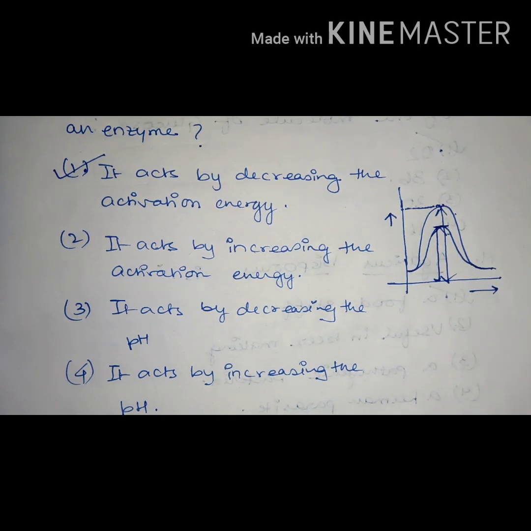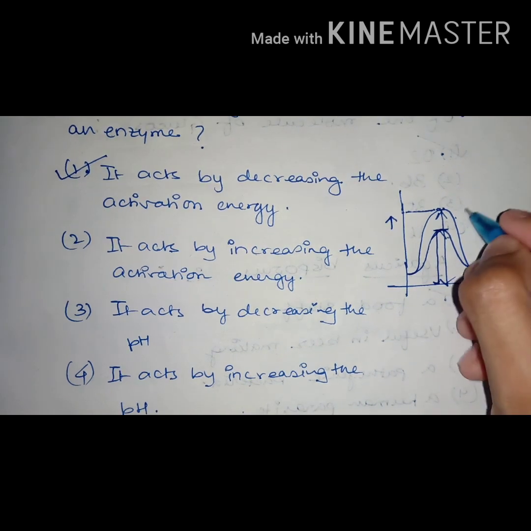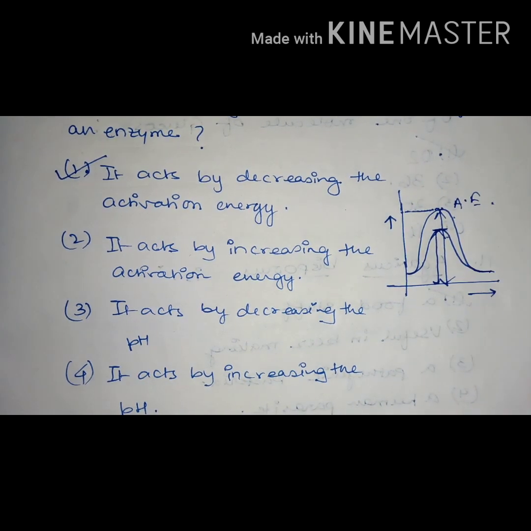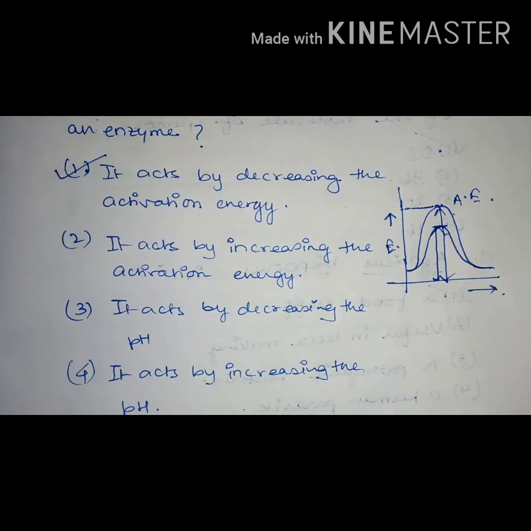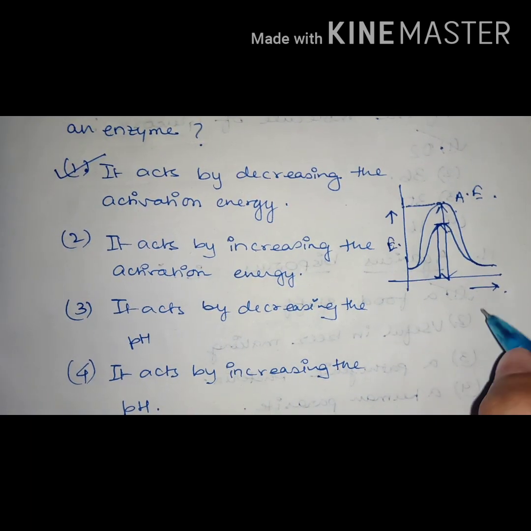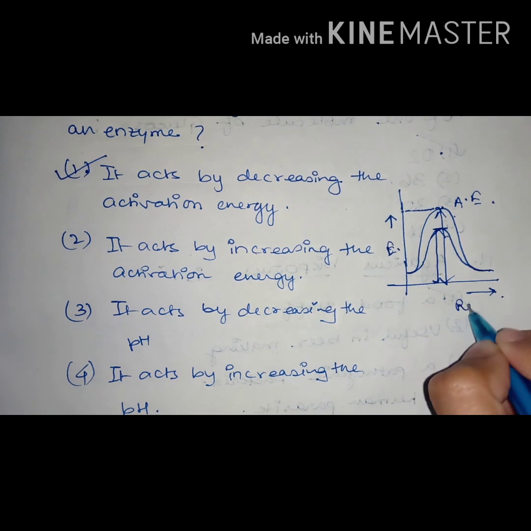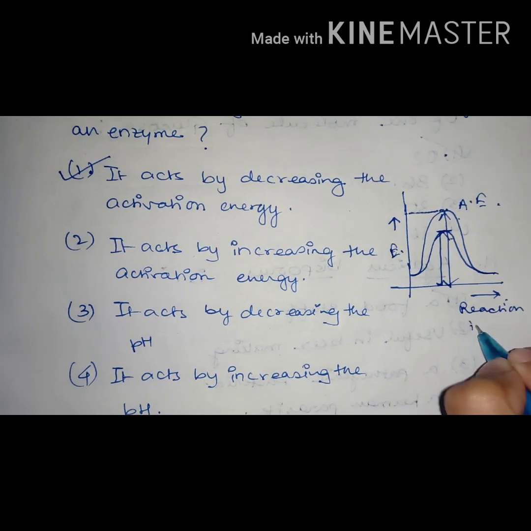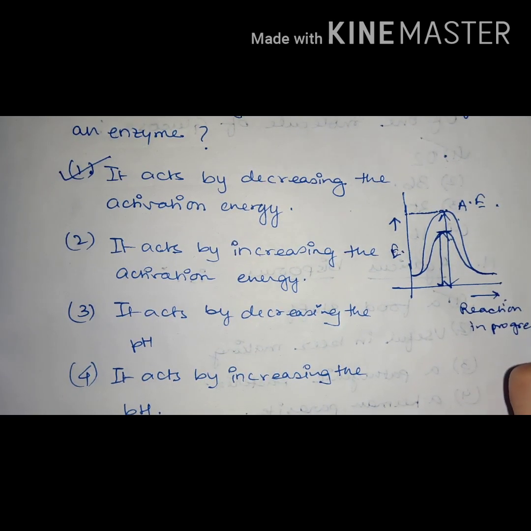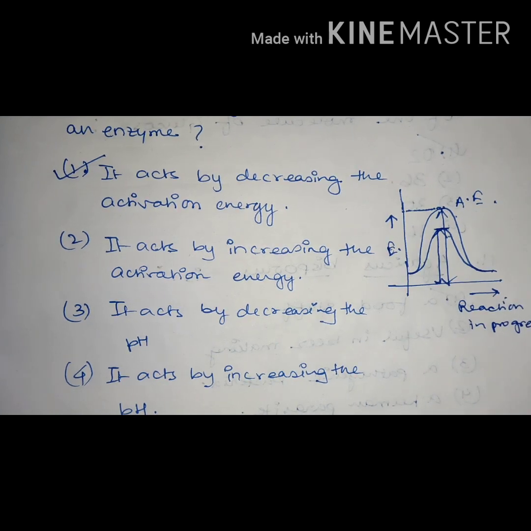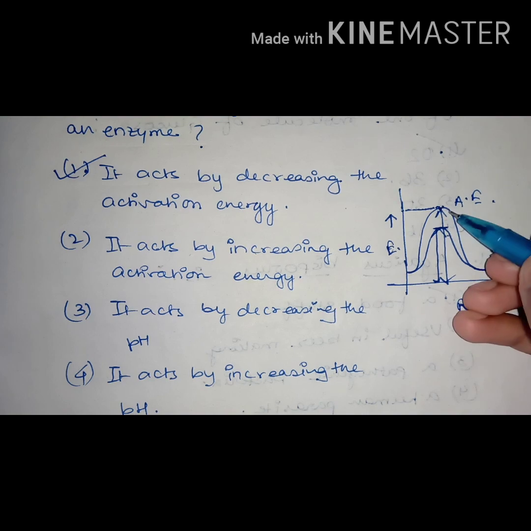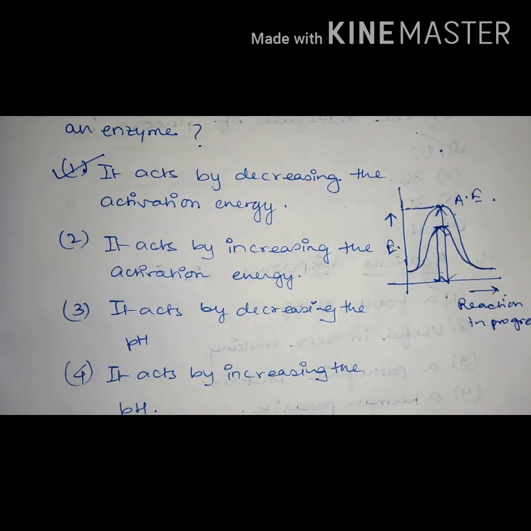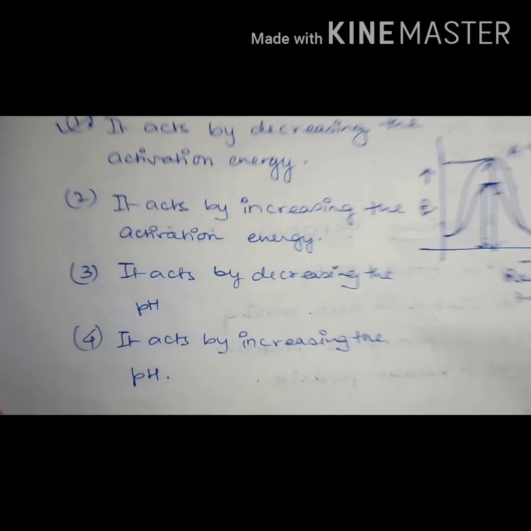It decreases the activation energy. This is the activation energy. This is the graph. This is the energy required, and this is the reaction in progress. So this is the energy barrier, that is also known as activation energy. Moving on to the next question.